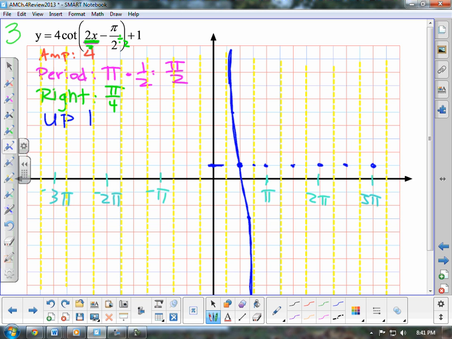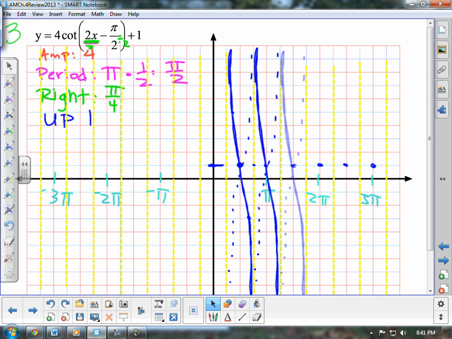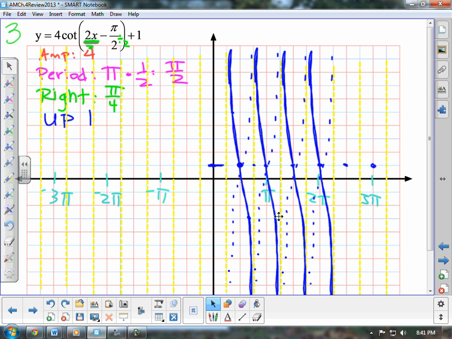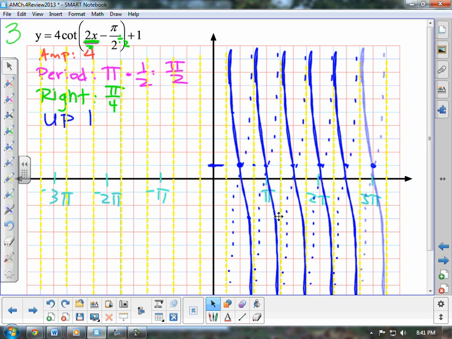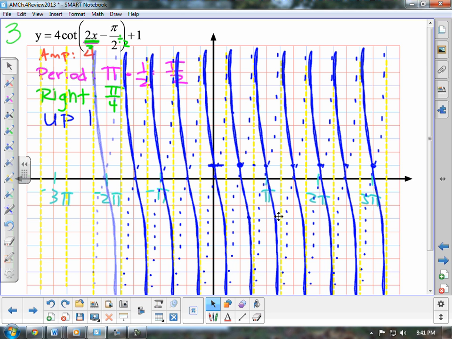If it were tangent, it would be the other way around. It would come up through here. And then you have to continue that throughout the whole thing. And there you have cotangent drawn for this particular function, cotangent 2x minus pi over 2 plus 1.